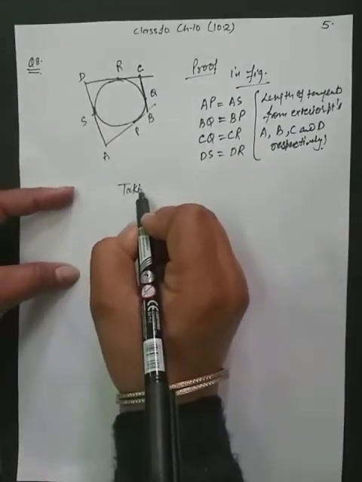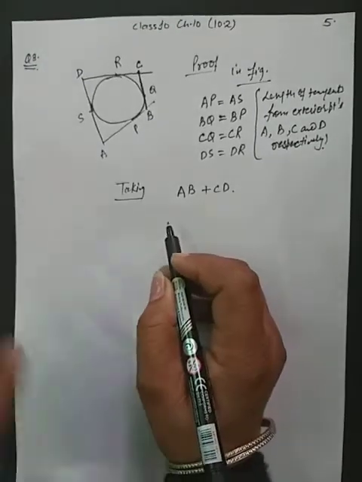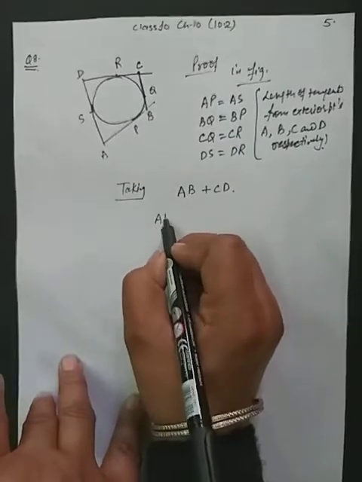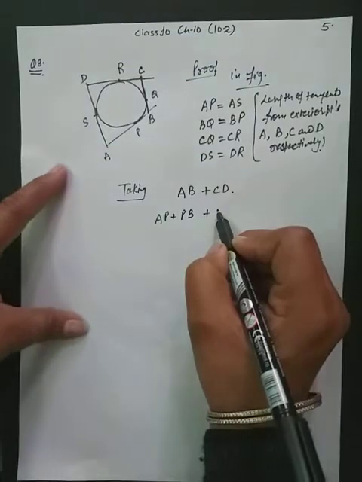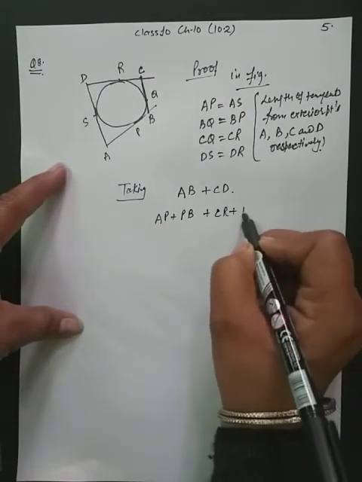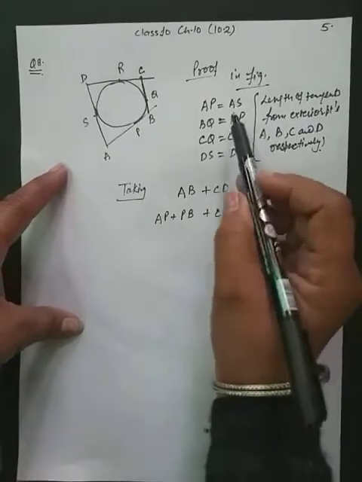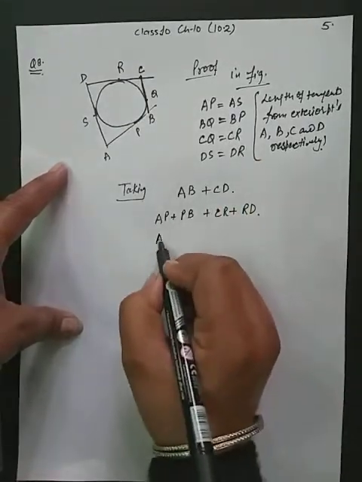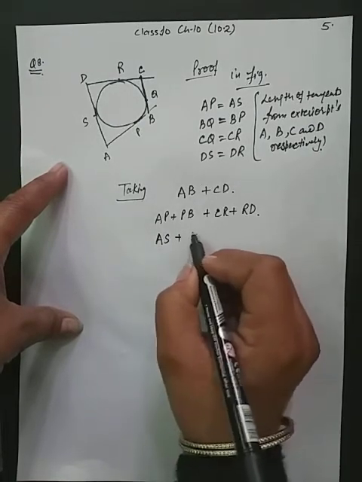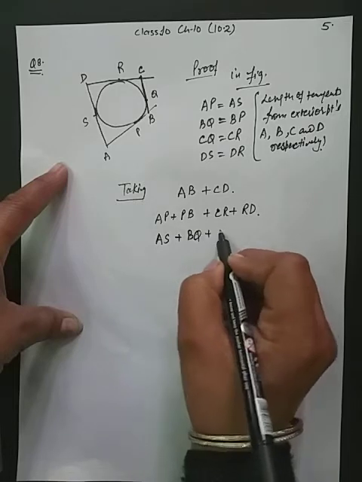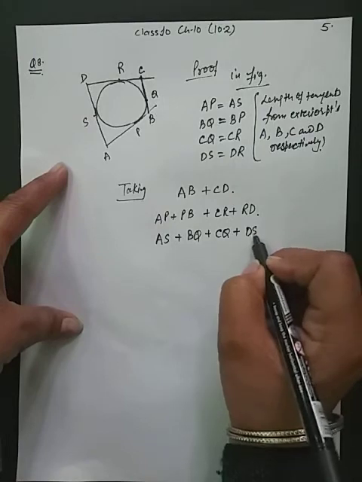Now taking AB plus CD. Here we can write AB as AP plus PB. And from figure CD can be written as CR plus RD. But from above equation AP can be written as AS and BP can be written as BQ. CR can be written as CQ and DR can be written as DS.